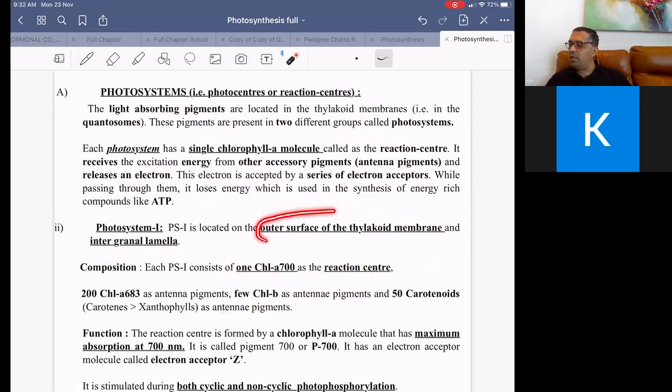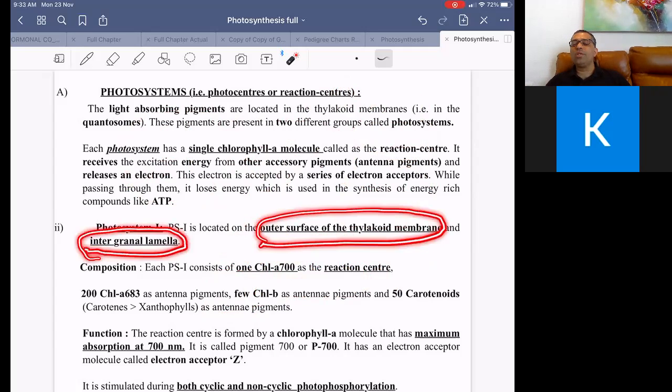On the outer surface of thylakoid membrane and intergranal lamellae.